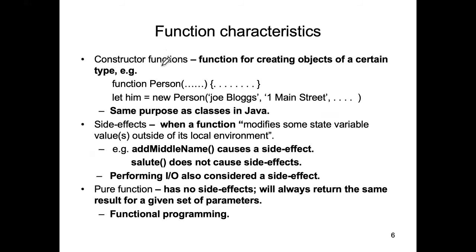The syntax looks very similar to an ordinary function declaration, but the way you invoke it is slightly different. Again, I'm not going to spend time explaining constructor functions because we never use them directly in any of our code, but just be aware that they are there. And they actually serve the exact same purpose as classes in languages like Java.